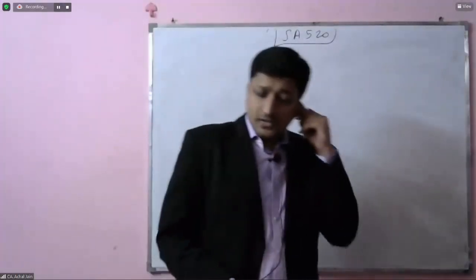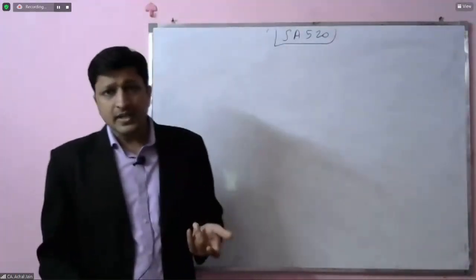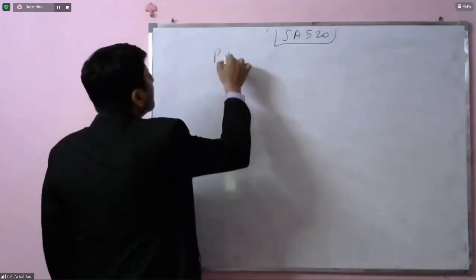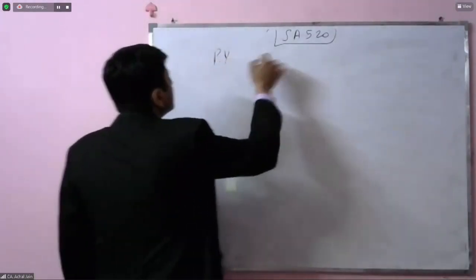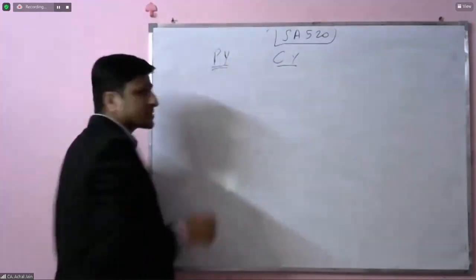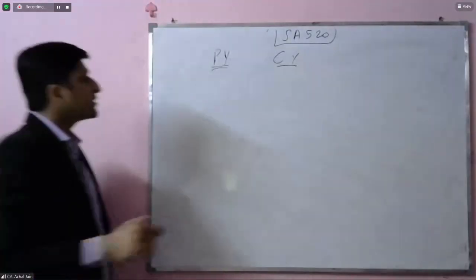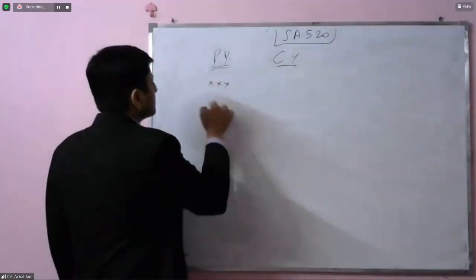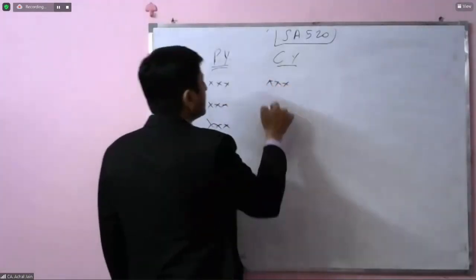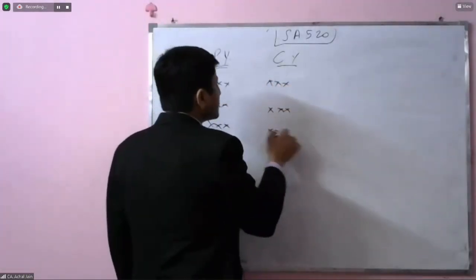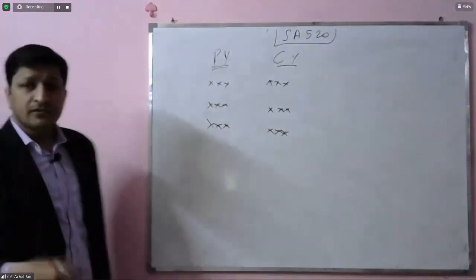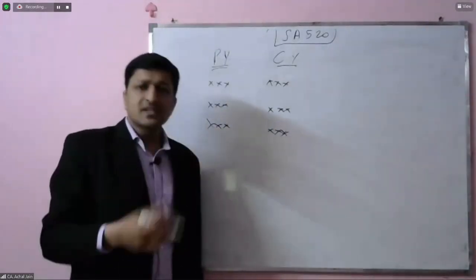Analytical procedures could be of various types. Very commonly, we look at variance analysis, meaning comparison of the information of 2 years. So we have data of 2 years, previous year and current year. If that is compared, then the comparison of these two will give us some analysis.